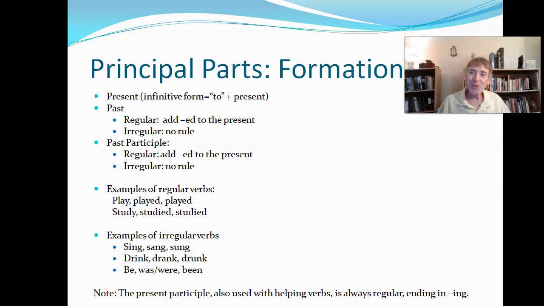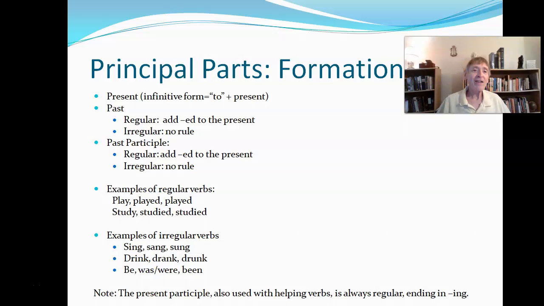But what's interesting here is that the toddler says, I rided my bike because he's mastered a rule of grammar: add D to the end to get the past tense. But the toddler is not yet sophisticated enough in language use to recognize that the verb ride is an irregular verb. So the present is ride, the past is rode. It's not logical. Don't try to think of a reason for it. It just is what it is, as they say.